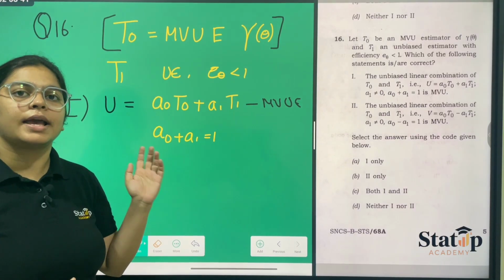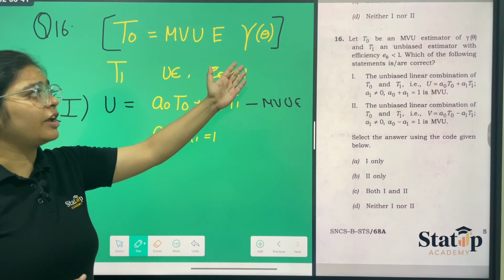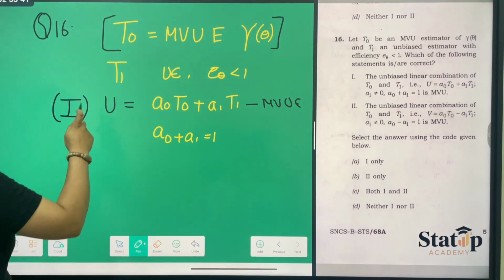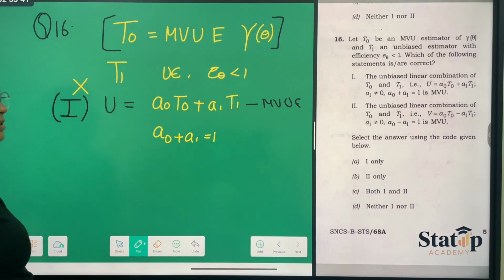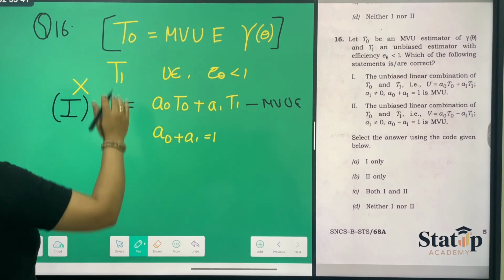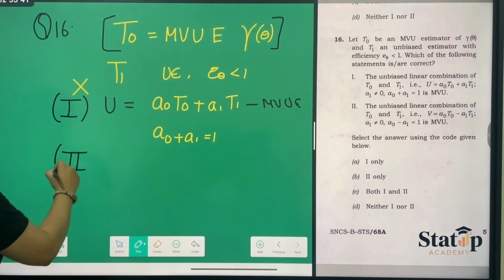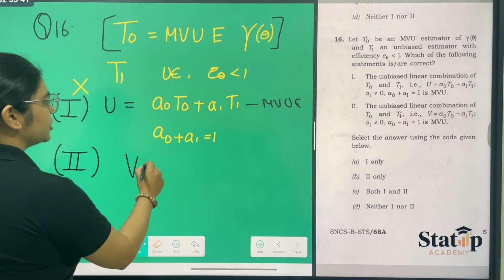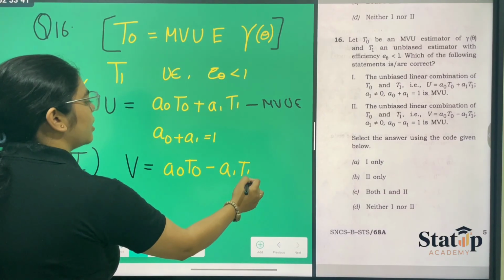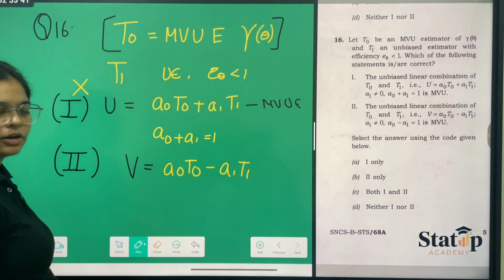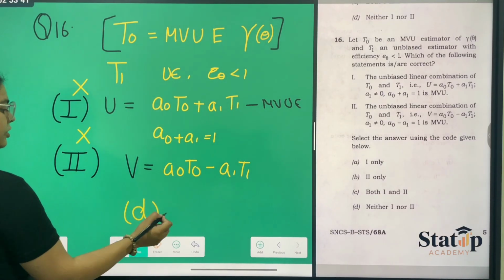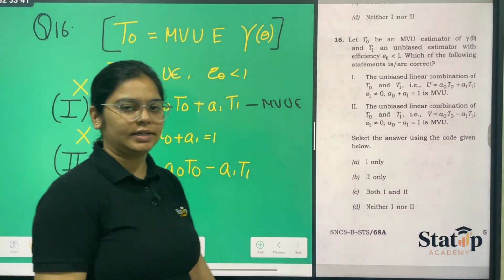So statement 1 is wrong. The second statement also gives a linear combination, V equal to A naught T naught minus A1 T1, another statistic which is again a linear combination, so it will also be wrong. Hence option number D is the correct option for this question, that neither of the statements is correct.